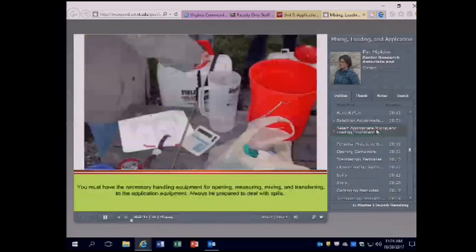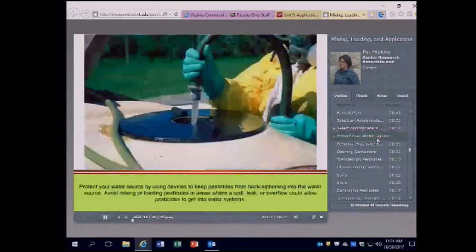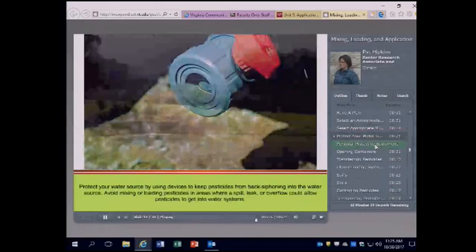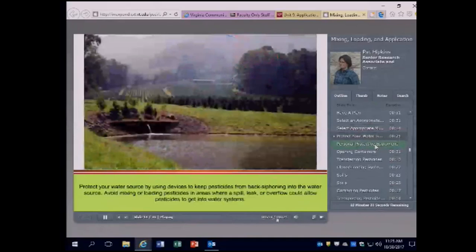Make sure you have all the things you need to do the job: opening, measuring, mixing, loading. And be sure you have the equipment to deal with a spill if one should occur. Protect your water sources by preventing back siphoning, whether that's as simple as using an air gap or a more complex piece of equipment. Always be sure that you're taking pains to protect water supplies.